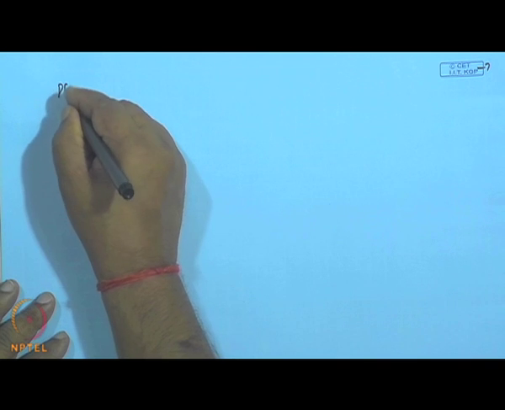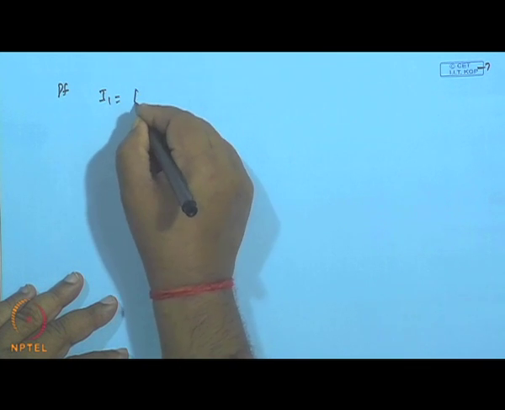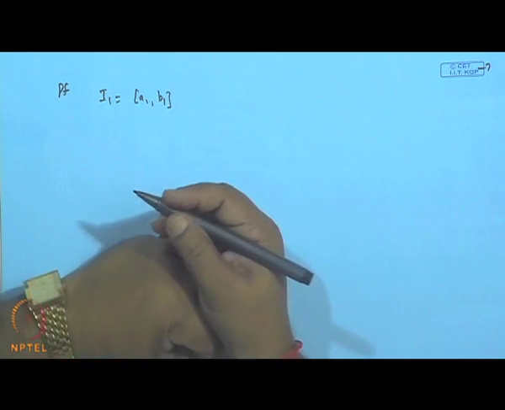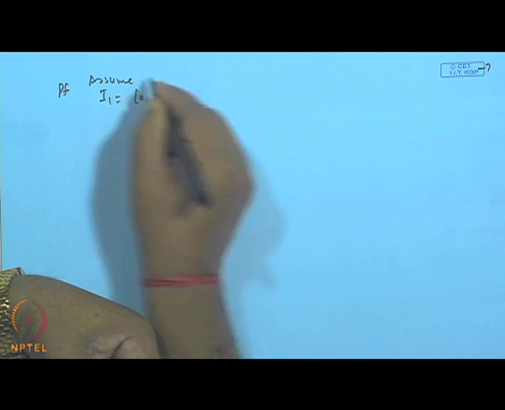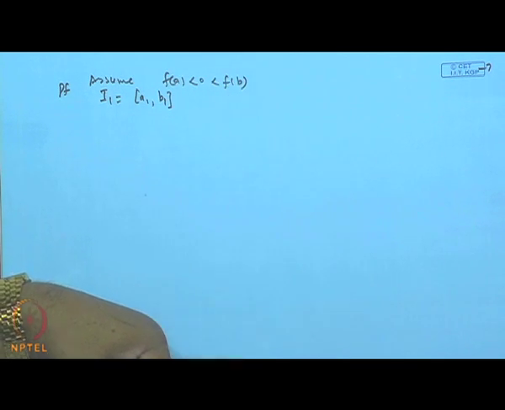Now, the proof of this: in fact, we will generate a sequence of successive bisections. Let us suppose I_1 is an interval, say [A_1, B_1], and let us first assume that f(A) is negative and f(B) is positive.